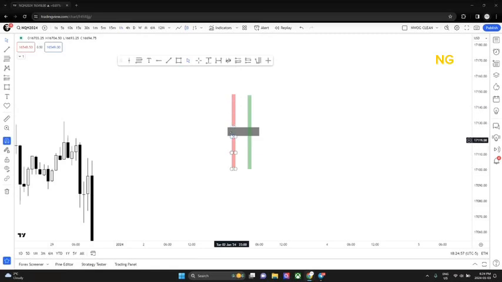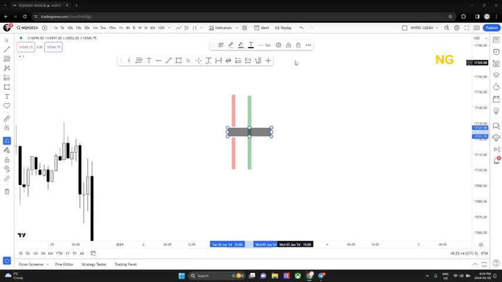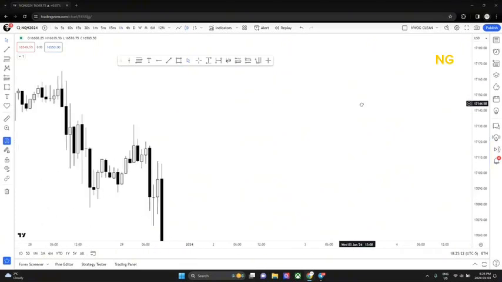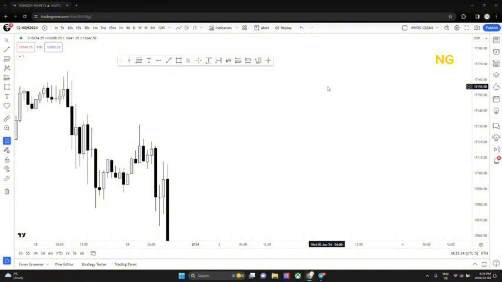There's a fair value gap behind this one, as you can see. So a balanced price range is two FVGs overlapping with each other. That's a balanced price range. Okay, and this, what I'm talking about now, will be the important one.